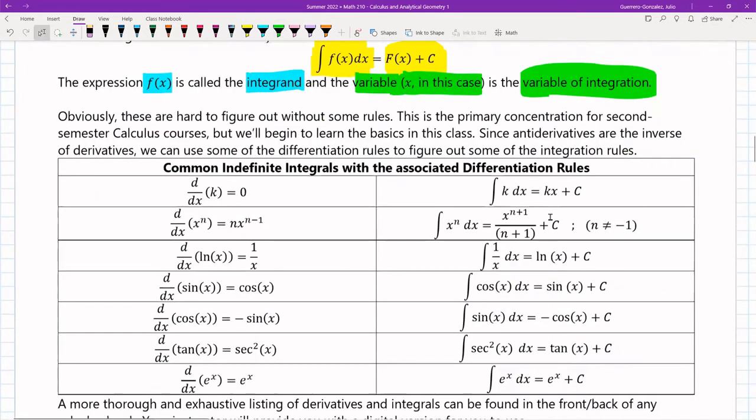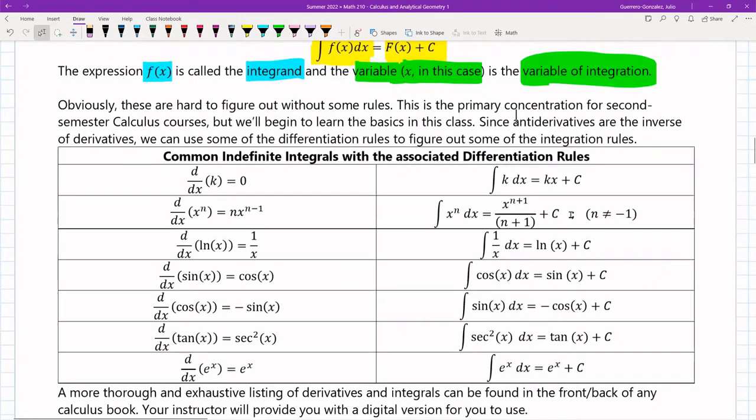Here are some common indefinite integrals with the associated differentiation rules. Okay, so on the left-hand side is a bunch of your derivative rules that you guys must remember, right? And on the right are going to be associated indefinite integral rules, so that we don't have to sit here and semi-guess what the integral is, okay?